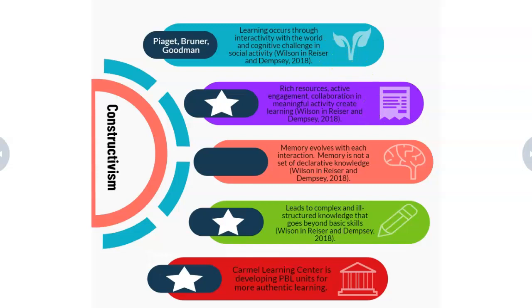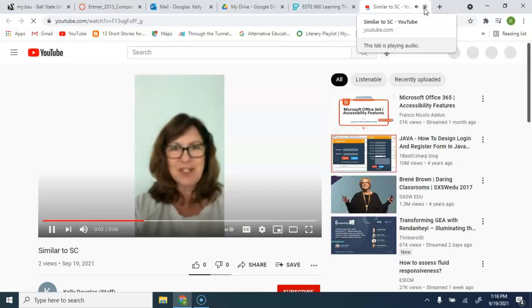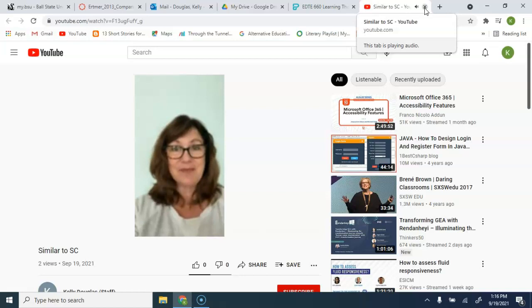We find that the factors that influence learning are rich resources, active engagement, and collaboration in meaningful activity. Similar to situated cognition.